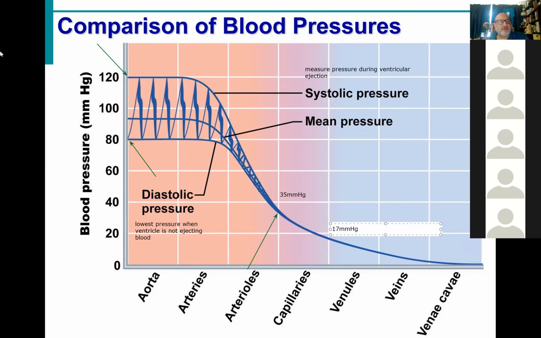And if I cheat and put us on the other side, what does the pressure of the blood look like when it actually reaches back to the right atrium? 0. Exactly. The pressure of the blood when it reaches back to the right atrium should be 0 millimeters of mercury. So notice the change in the arteries is from 120 to 35. How big of a change is that?